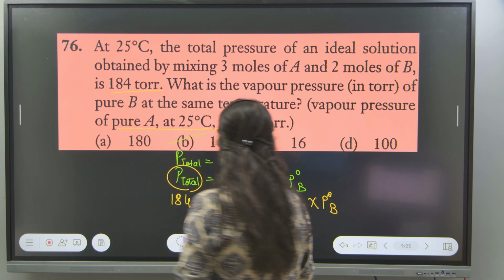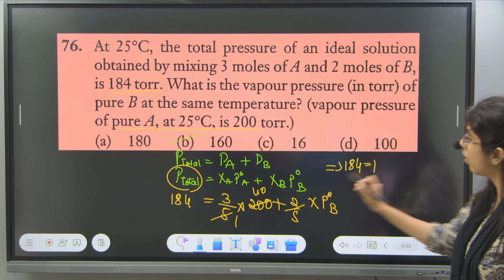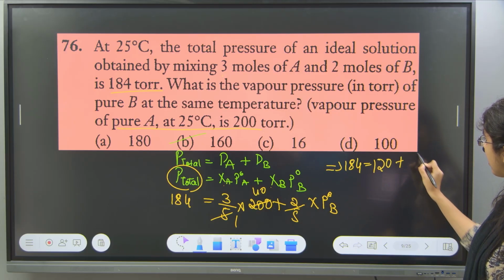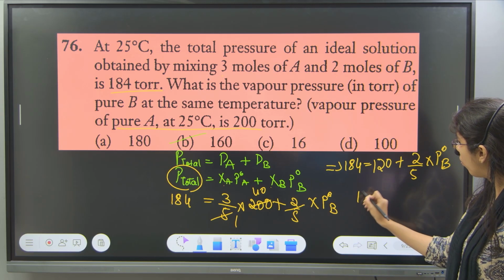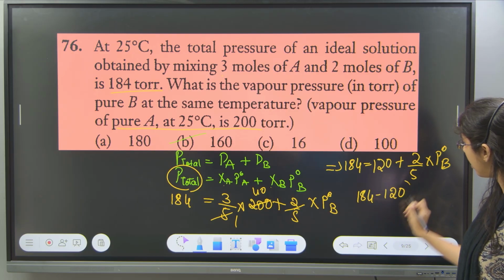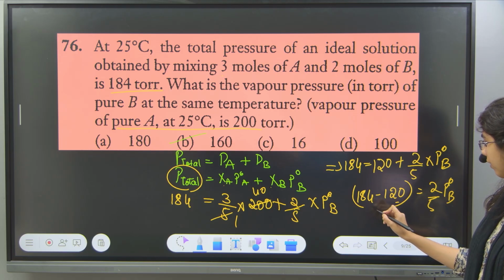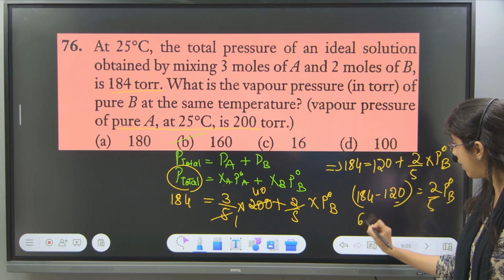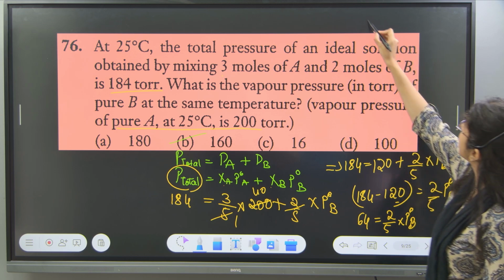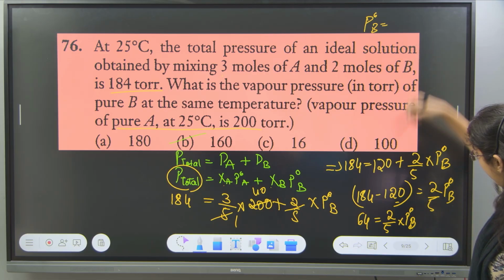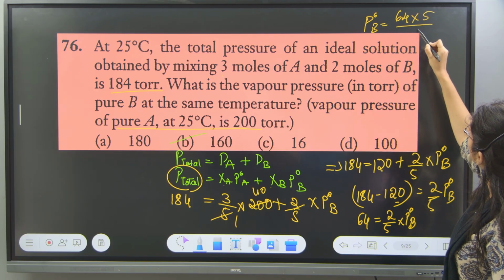So here what do we get? 40, and this one would be 184 is equal to 120 plus 2 by 5 into partial pressure of B. Now what can we do? 184 minus 120 is equal to 2 by 5 into partial pressure of B. So this one would be 64. 64 is equal to 2 by 5 into partial pressure of B. Partial pressure of B will be equal to 64 into 5 divided by 2.